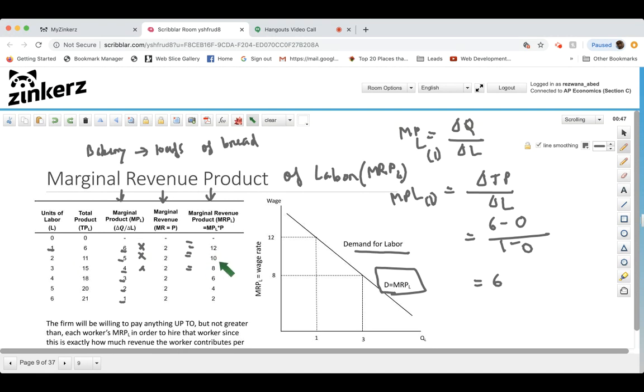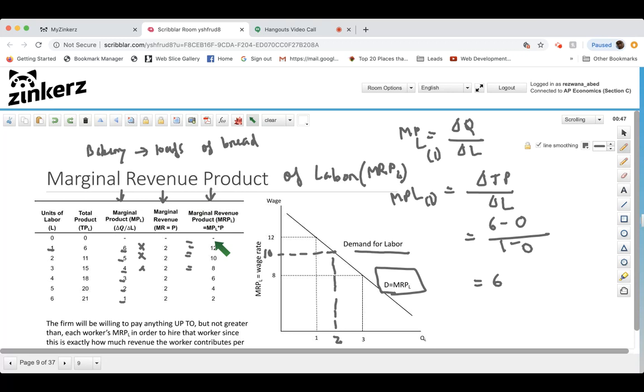So this is the maximum amount that the farm would be willing to pay, the wage, to hire that second worker, because $10 is what this second worker is adds to the farm's total revenue. And on like this. 12 for the first, $10 for the second, $8 for the third worker, and on like that.